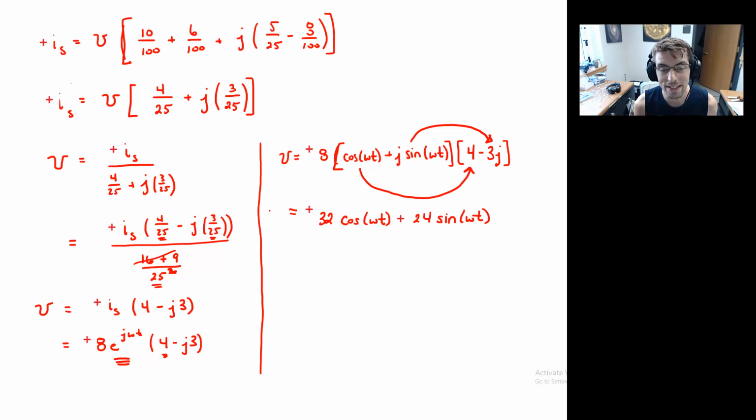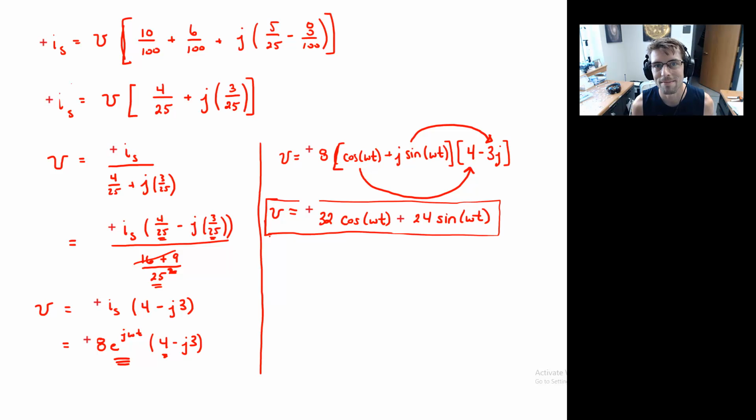So there is the expression for the potential drop across the source, or maybe I should say the potential jump across the source. Pretty nifty, huh? But wait, there's more, right? I still have to find the currents.